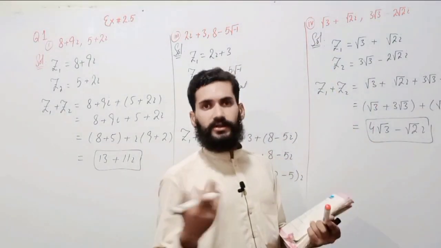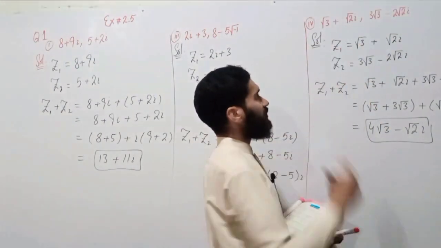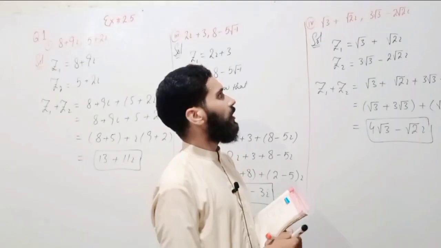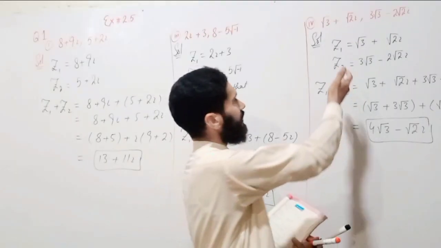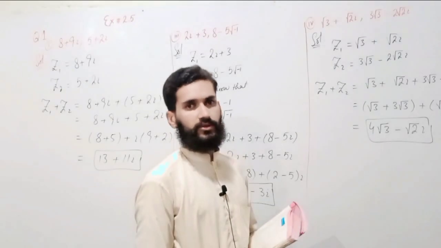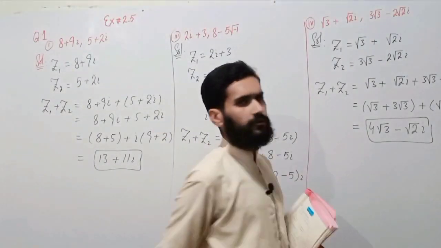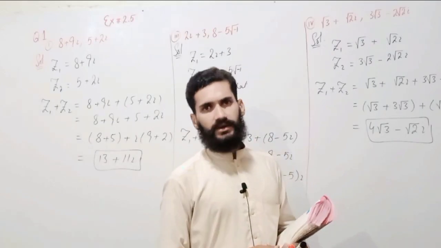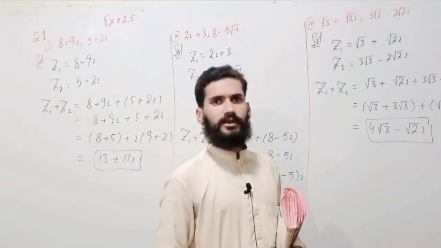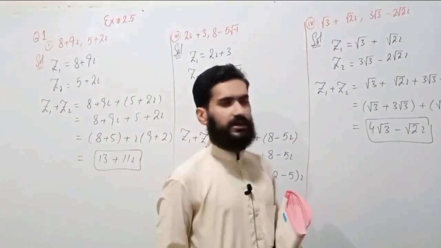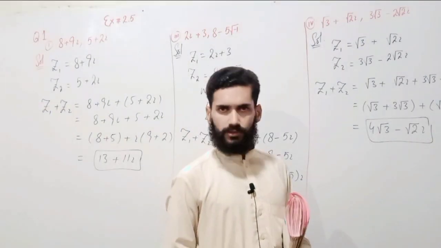Adding z1 plus z2: square root of 3 plus square root of 2 iota plus 3 square root 3 minus 2 square root of 2 iota.